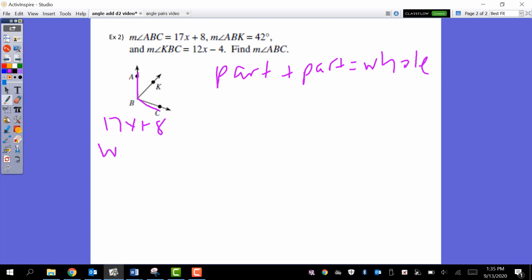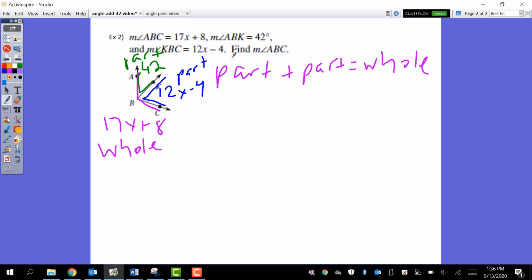That's the whole. So I'm going to label that. Next thing, ABK is 42. Okay. And that's not the biggest angle, so I can tell that's going to be a part. And the last one, the measure of angle KBC, so K to B to C is 12x minus 4. And that's also a part.